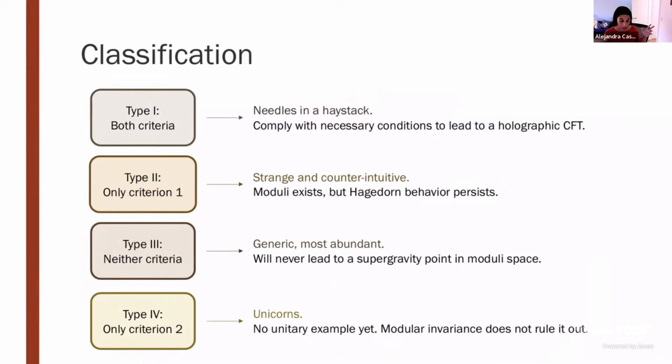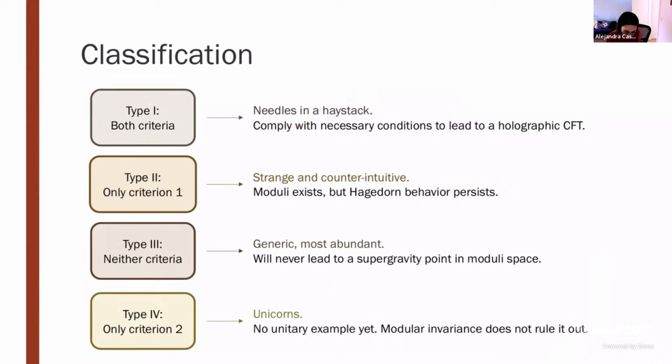The thing I want to highlight here: type 1, where you have both criteria satisfied, are the most interesting examples from a holographic point of view, but they're not very easy to find. That's why we sometimes call them needles in a haystack.